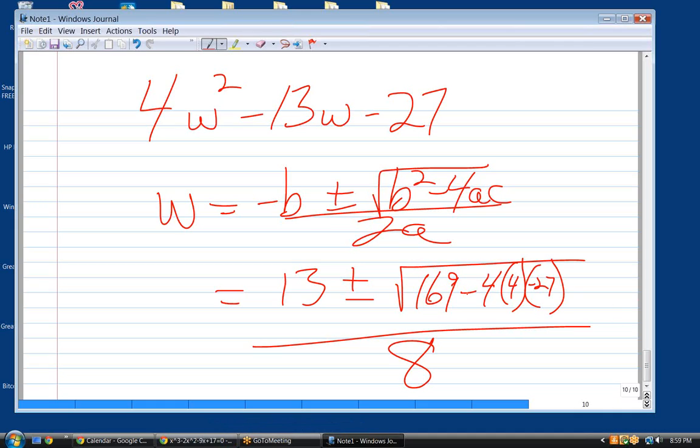And is that a positive or a negative number under the radical? Positive. So our solutions are real.